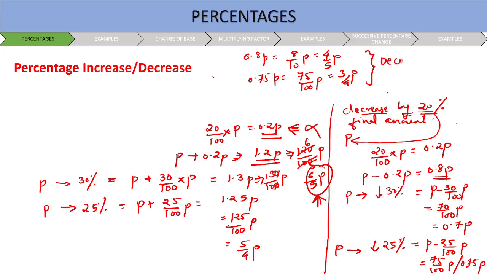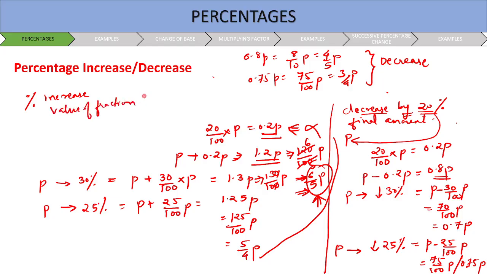This is your percentage decrease, and this is your percentage increase. Now whenever we talk about percentage increase, your numerator is greater than the denominator, which means the value of the fraction is greater than 1. Here also the numerator is greater than the denominator.